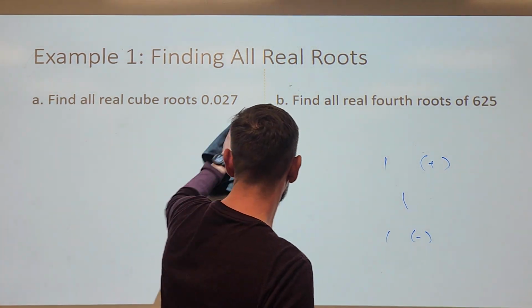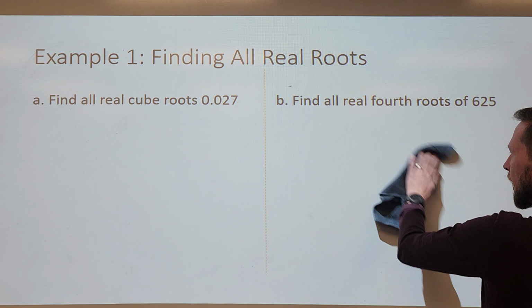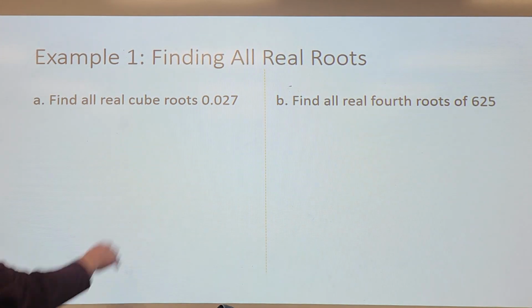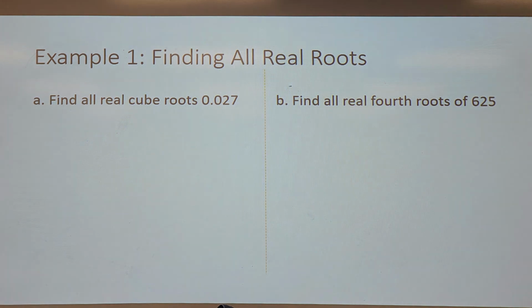So let's do a little bit of exploration here, and I want us to use the calculators where needed or use our heads where possible. We could obviously write that as a fraction, but I'm just going to let our calculator do this work. We're going to do the cube root of 0.027.